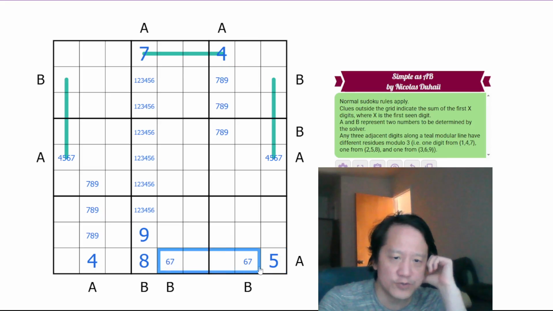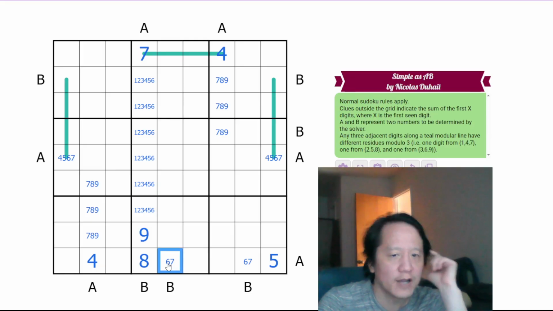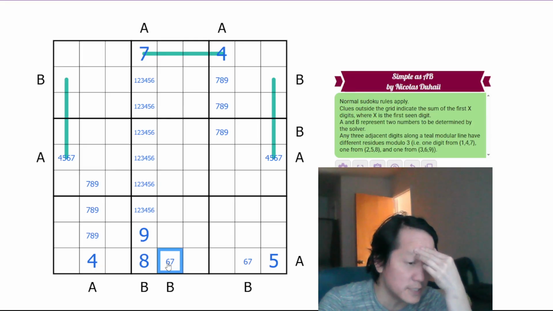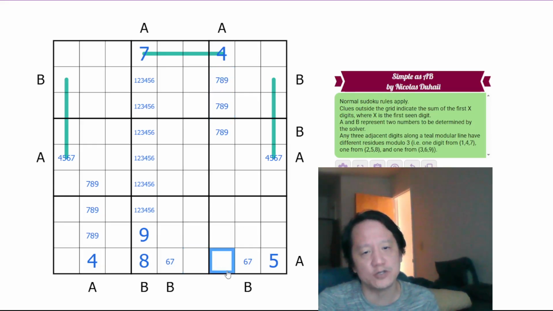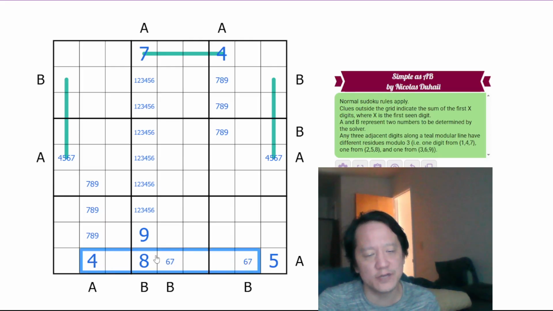The first 5 digits must add up to 28 in that instance. 5, 6, and 7 adds up to 18. So the remaining 2 digits must add up to 28 minus 18, which is 10. So then this can't be 9 because of a 7, 8, 9 triplet in the column. And we can't have 4, 6, or 3, 7, or 2, 8 here.